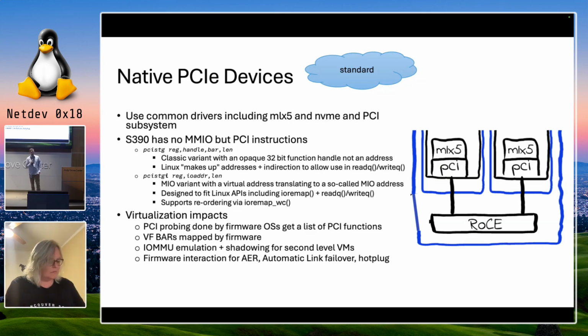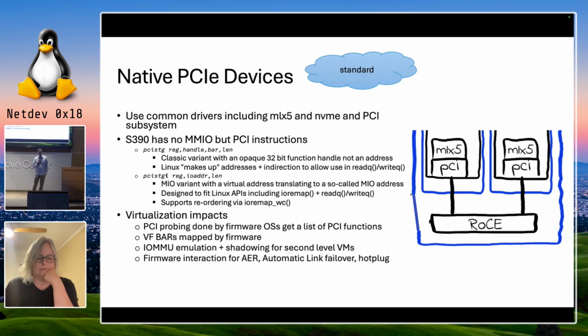So two generations back, I'd say, we added a new instruction, the PCI enhanced load store, or MIO variant, for memory IO. That takes a virtual address, still a length, and a register where you have the value that you want to store, of course. And this is still a special instruction, so it's not MMIO in the sense that you can use any normal store to store to an MMIO region.